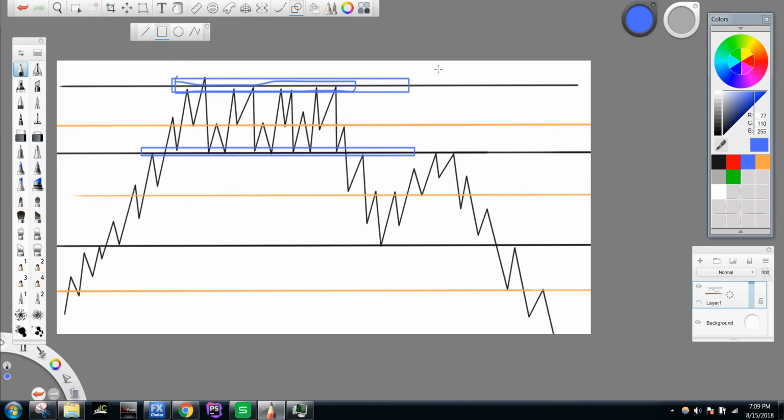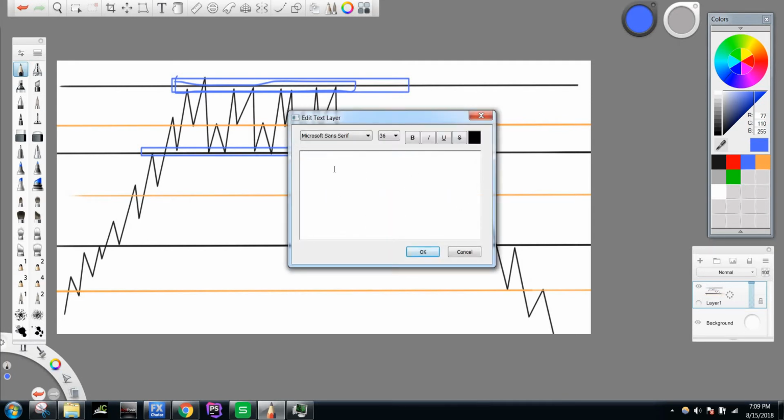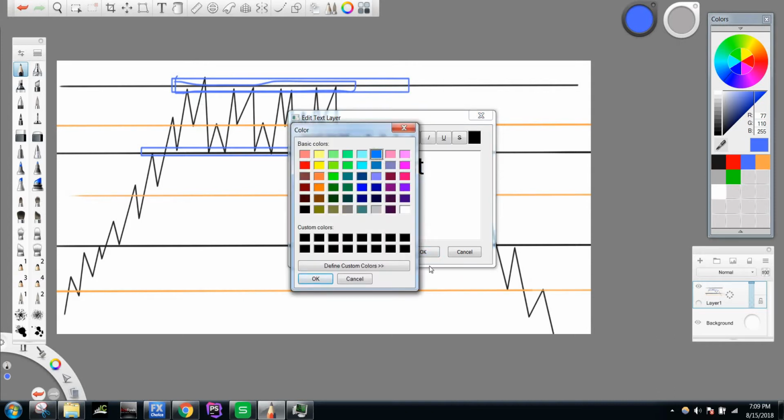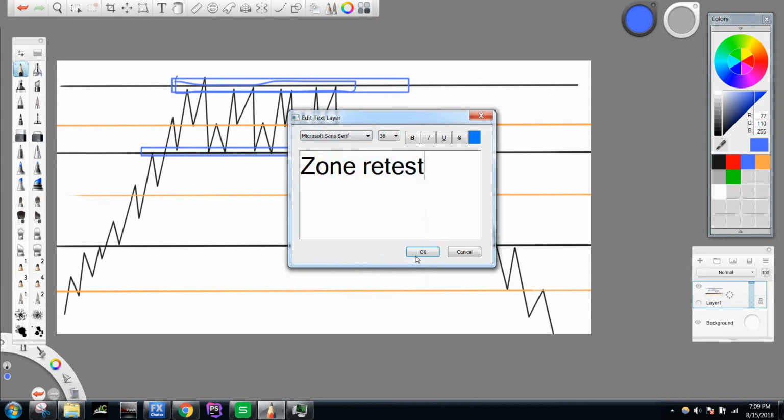Or no, it's not a consolidation trade, my bad. It's a zone retest. So we had our text, we could say zone retest, right? So we label it, this is what that is, with a nice blue color.